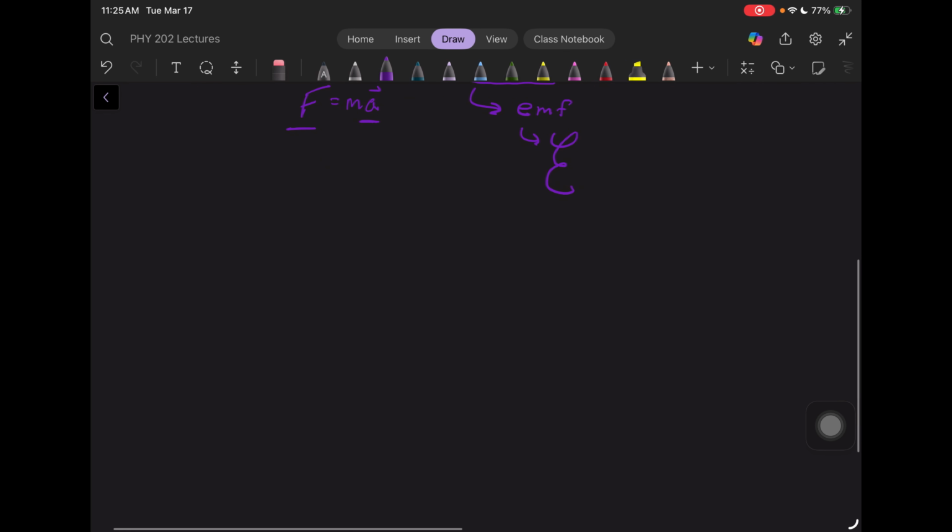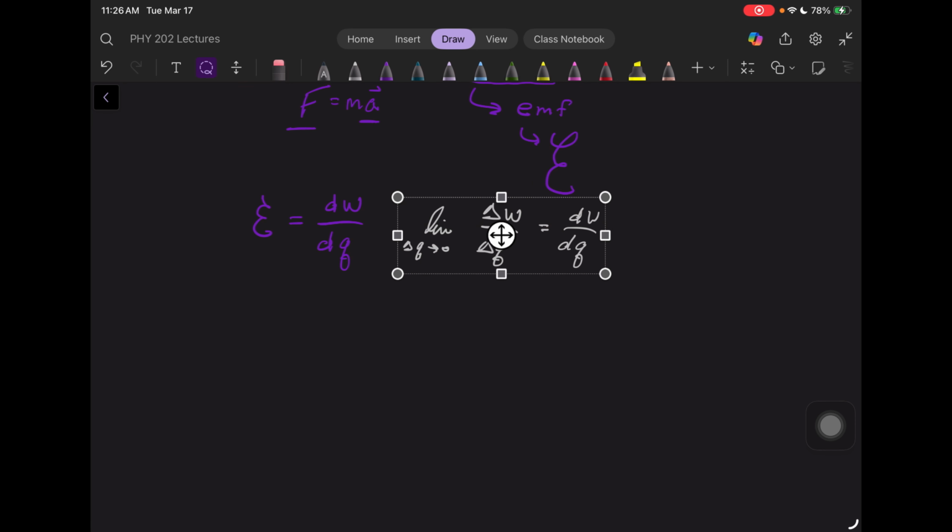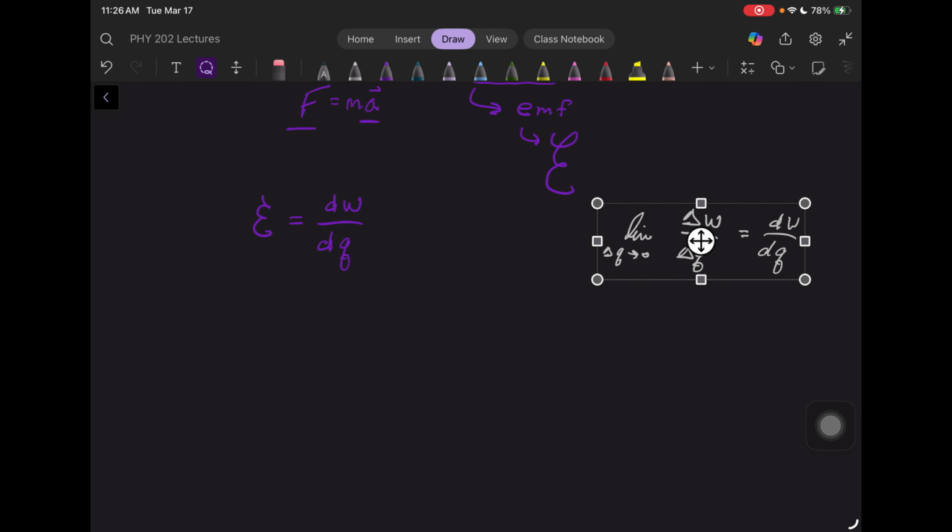Okay, and so what we define for electromotive force is dW dQ, right? As we're all familiar with, if we have delta W over delta Q, and then we say, why don't we take the limit as delta Q goes to 0, and we get the derivative out. We're all familiar with this argument.